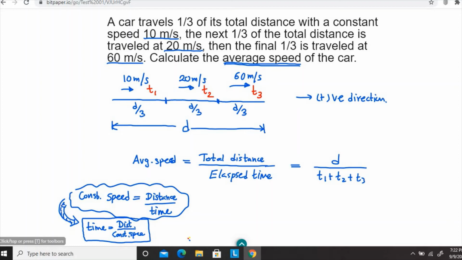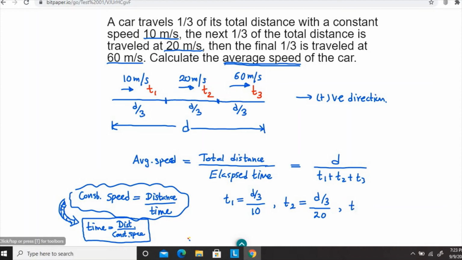Now I am going to apply that for each segment. I can write T1 is equal to, what is the distance? d over 3, one-third of the total distance, divided by that speed, which is 10. Similarly, T2 is the same distance, d over 3, but this time divided by 20.